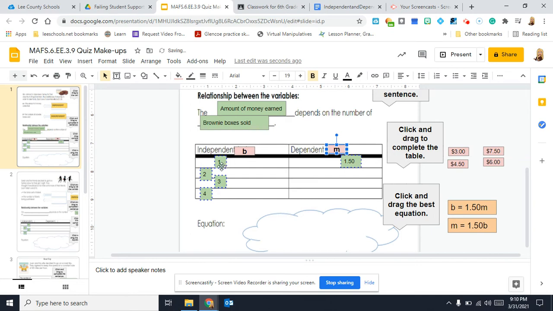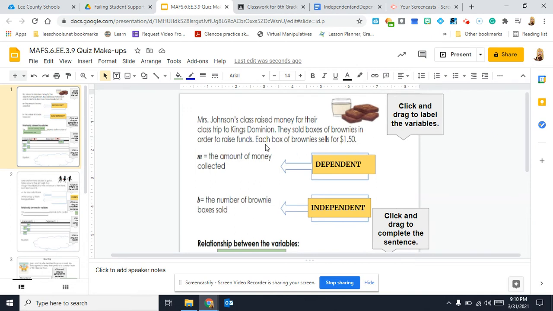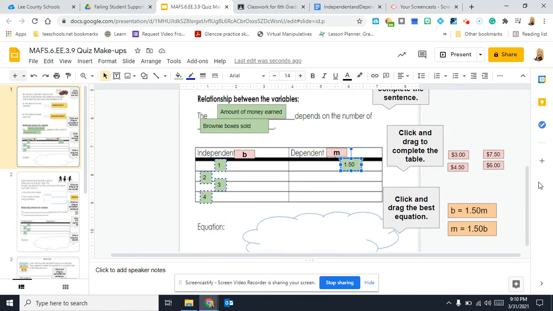So if I sold one brownie box, I made $1.50. And where did that number come from? That number came from the original problem. Go all the way back to the top, and it says each box of brownies sells for $1.50. So I sold one box, total money, $1.50. If I sell two boxes, now I have $1.50 plus $1.50.